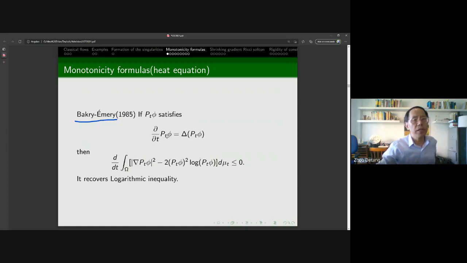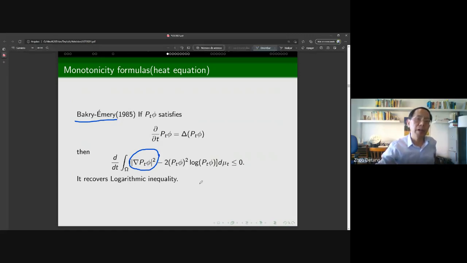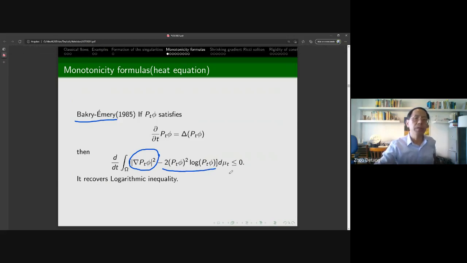It is not difficult to see that only this part is decreasing, but Bakry-Emery put an additional term here, which is a log term. They proved that this also has monotonicity. In particular, it can recover the logarithmic Sobolev inequality.